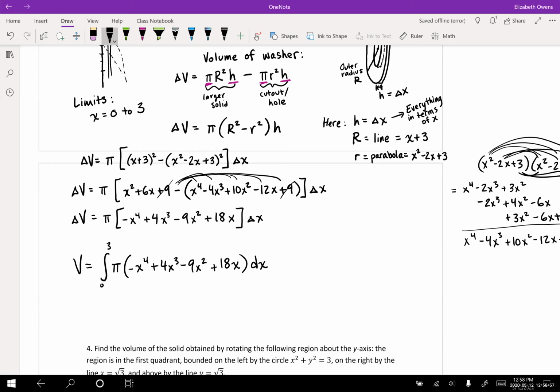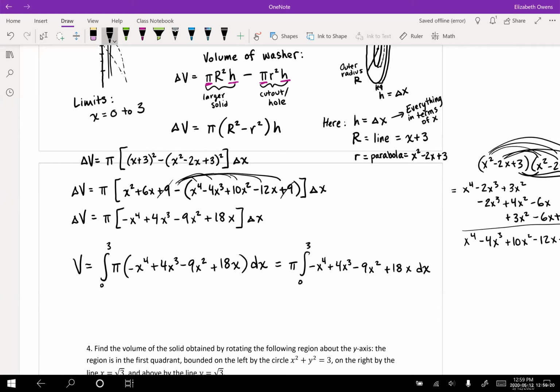That's what we are integrating, and the rest is integral fantasticness. You can pull your pi out there: negative x to the fourth plus 4x cubed minus 9x squared plus 18x dx.